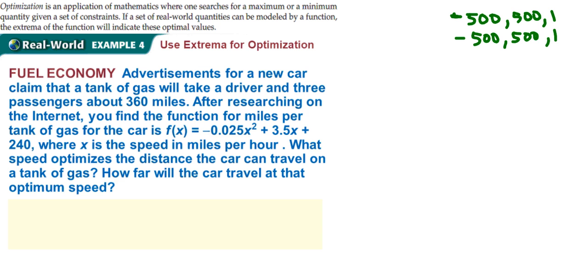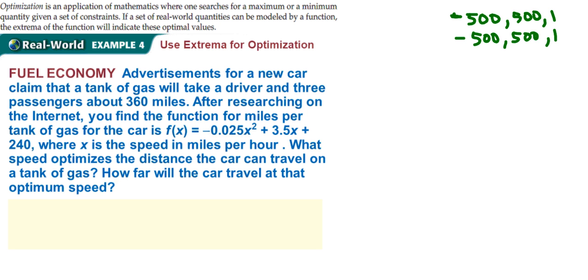So find where that maximum point is as you go. Then you have to interpret that as well as we go.